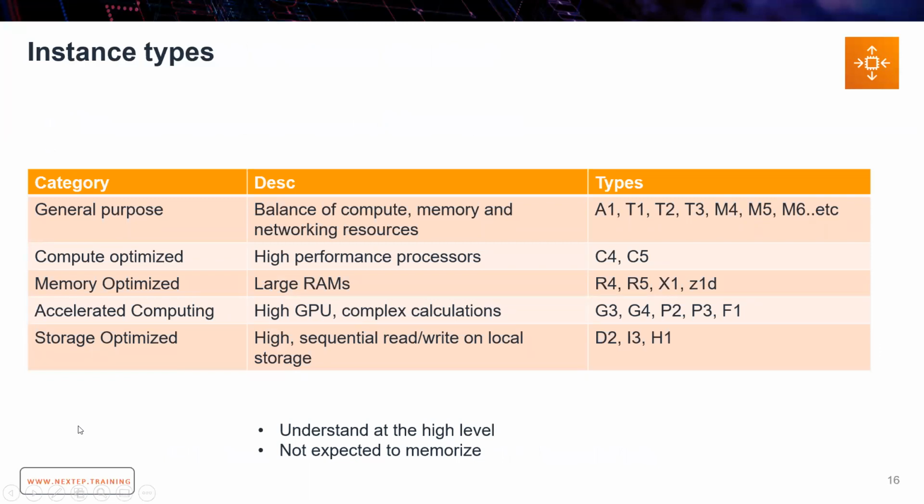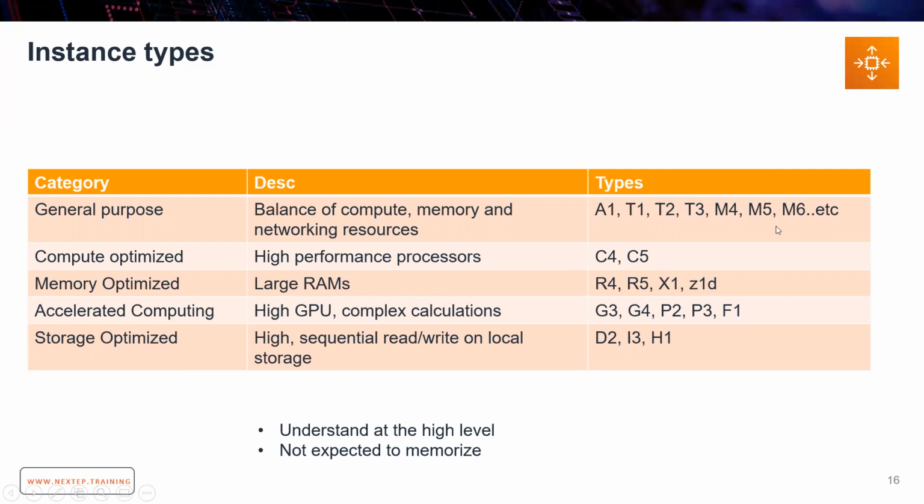And briefly, let's talk about the EC2 instance types. We have different types of EC2 instances. We have been using the T2 micro, T2 nano. These are all general purpose, T1, T2, T3. You have your M4, M5, M6 also.